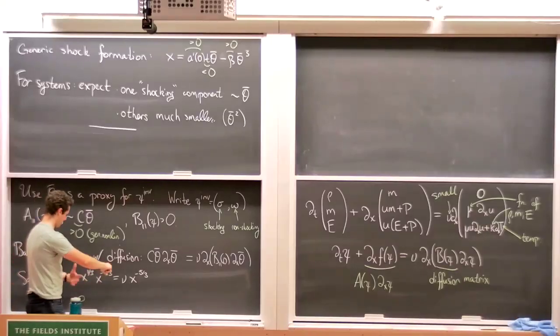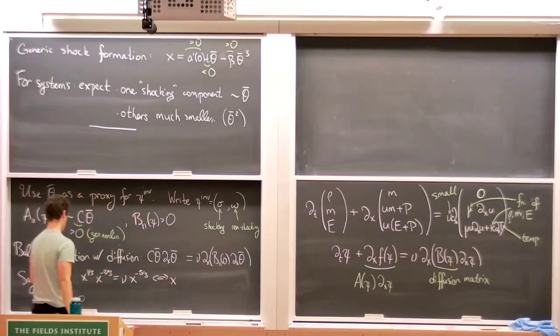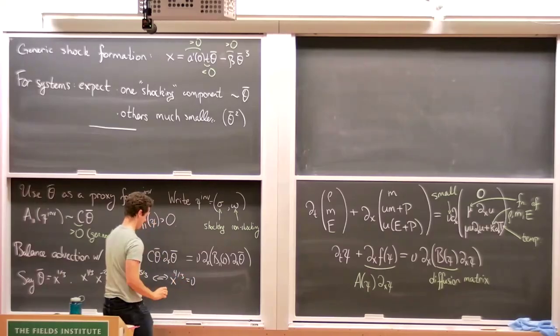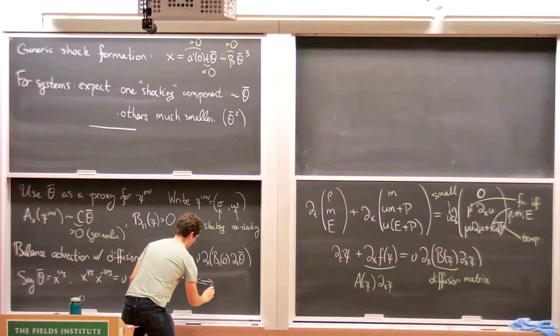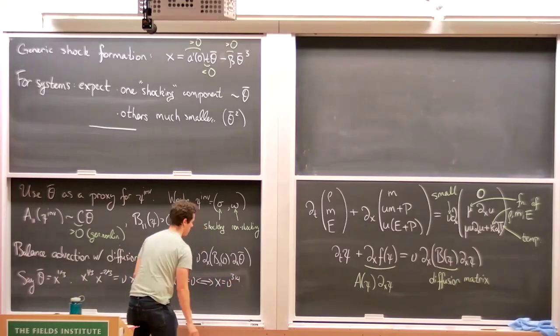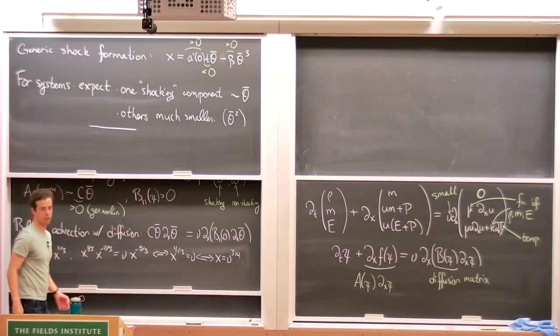And I can collect all my powers of x on one side, and I'll find x to the 4/3 should be equal to nu. And solving for x, I'll get this expression that x should be of order nu to the 3/4.